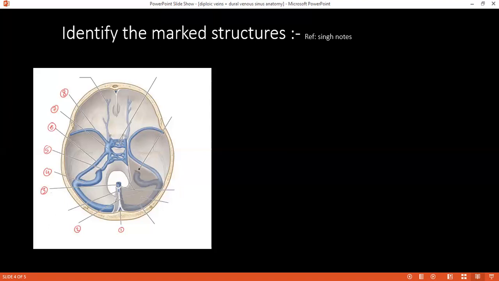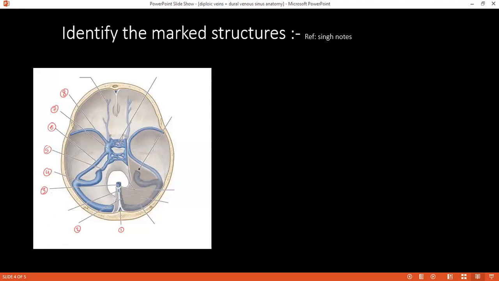Now, if you can tell me, what else I could have asked you? How is the flow in these dural venous sinuses? From the superior sagittal sinus, the venous drainage happens to the confluence of sinuses. The inferior sagittal sinus joins the great cerebral vein to form the straight sinus to the confluence of sinuses.